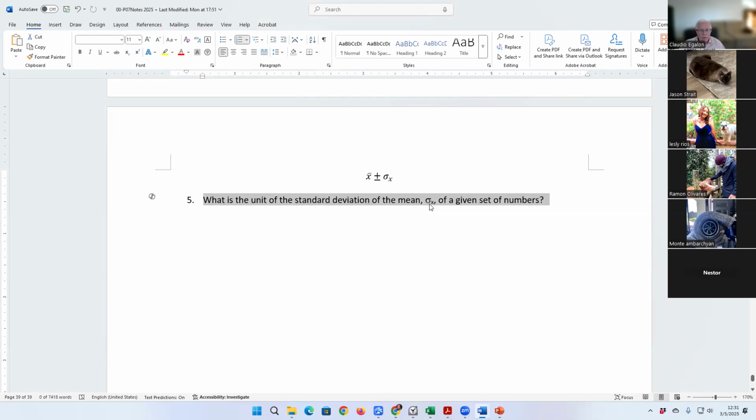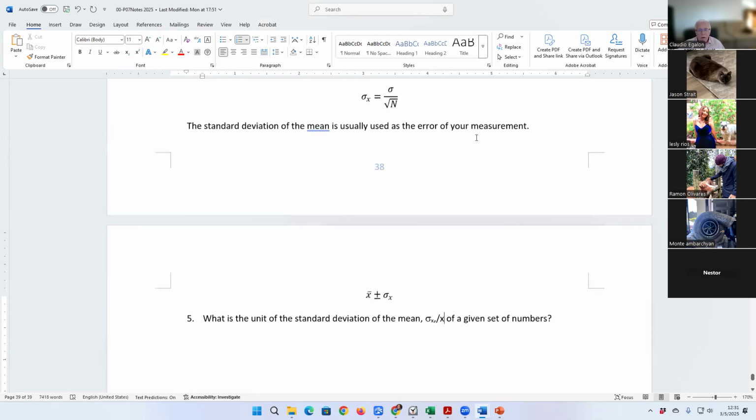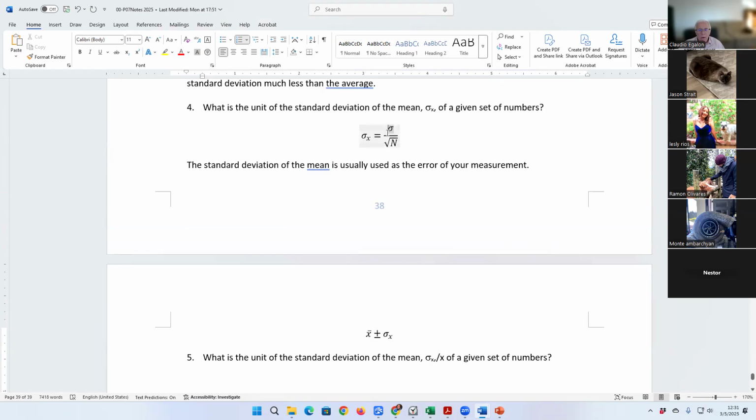What's the unit of sigma X over X average? What's the unit of sigma X? I'm going to put it here: sigma X over X bar, for a given set of numbers.